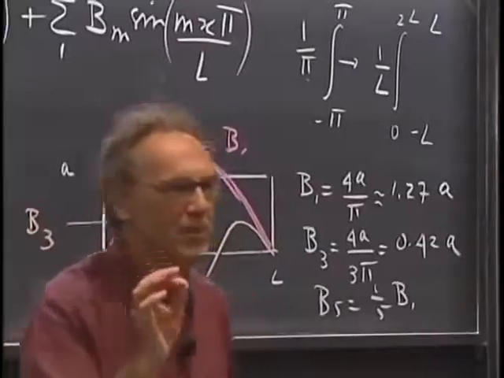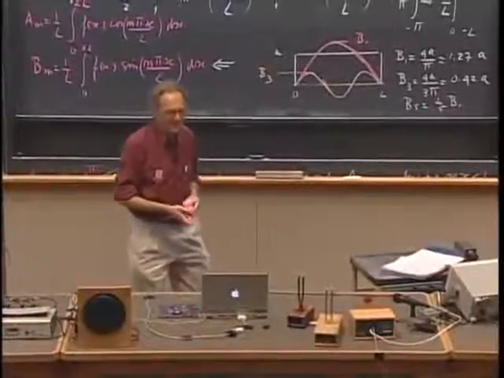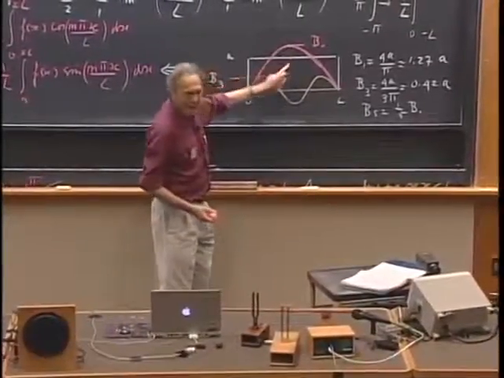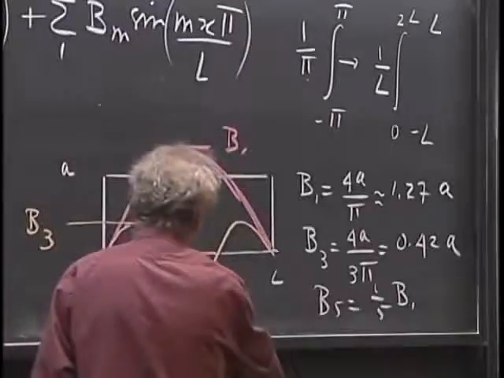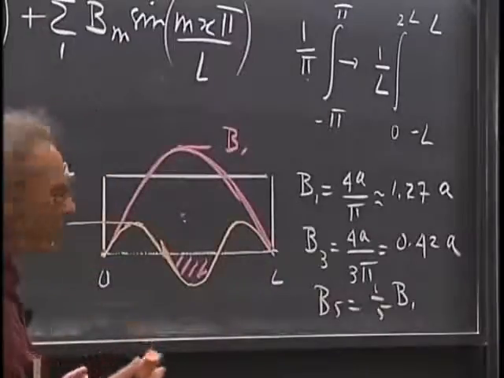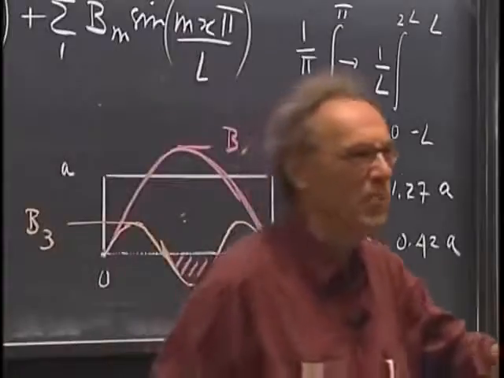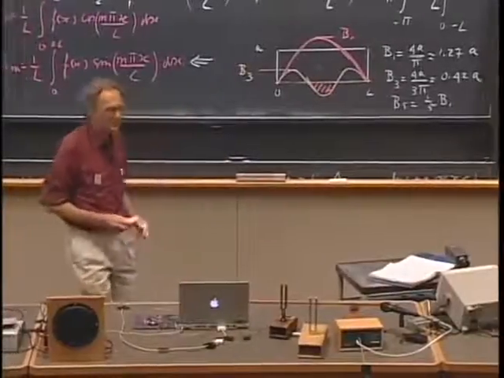Now look at B3. Look at the beauty of Fourier analysis. This is higher than it should be. Oh, B3 says, I'll take care of that. I will subtract something there. We'll take that off there. Isn't that beautiful? So you're going to flatten this out already. Already with two terms, B1 and B3, you're already beginning to see the building up of this crazy square.